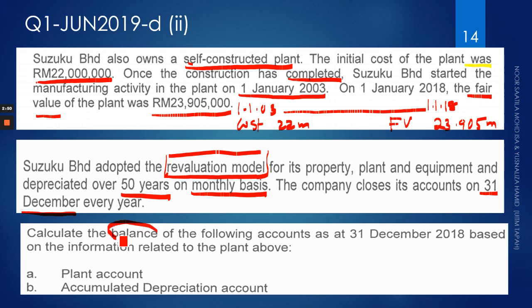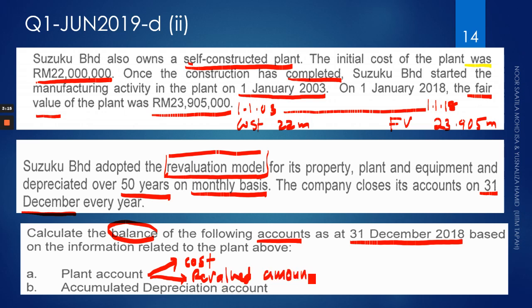You are asked to calculate the balance of the following accounts as at 31st of December. Number 1 is plant account. So plant account here, initially it might be at cost, right? But as you decided to use the revaluation model, the account will have to also reflect the revalued amount.